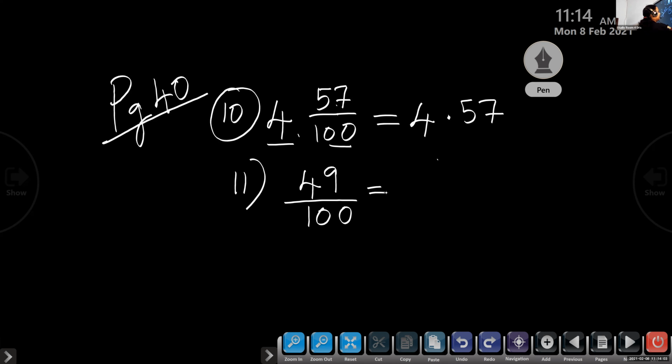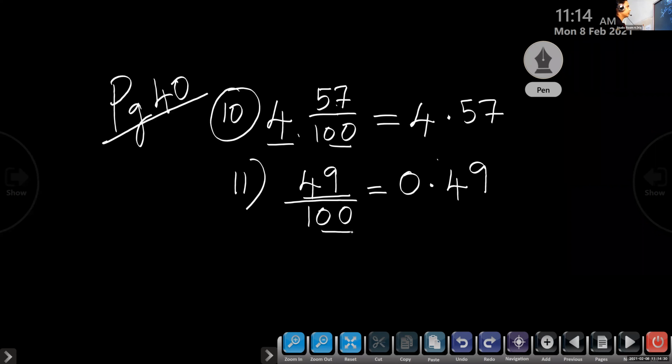There is no integral part. 0 point 49. Yes, very good. 0.49. Because we have how many places here? 2. And look at the denominator. How many zeros? 2. So just write 0.49.